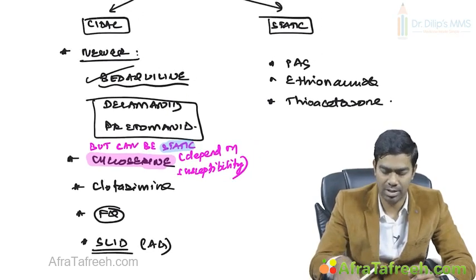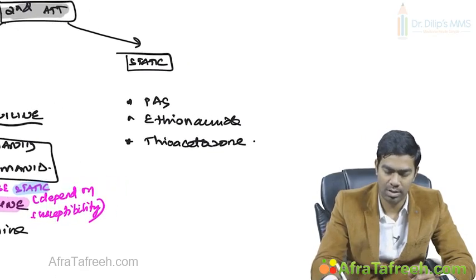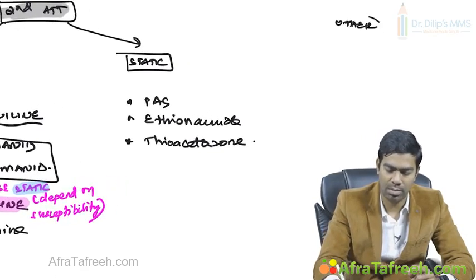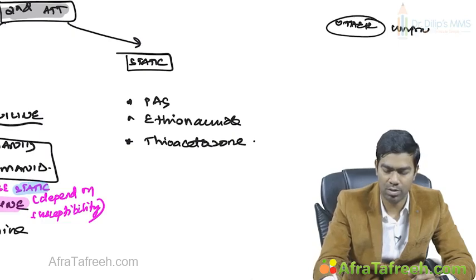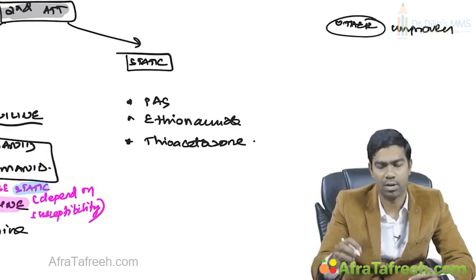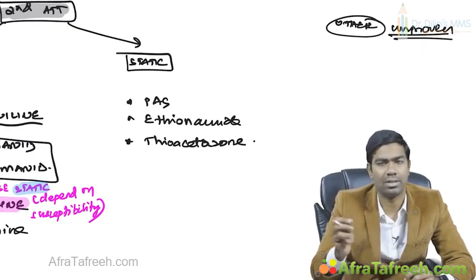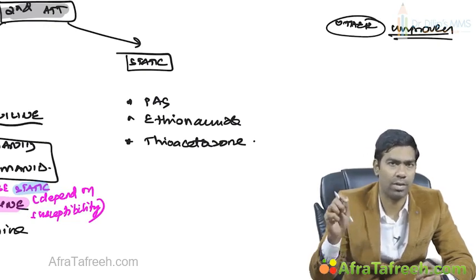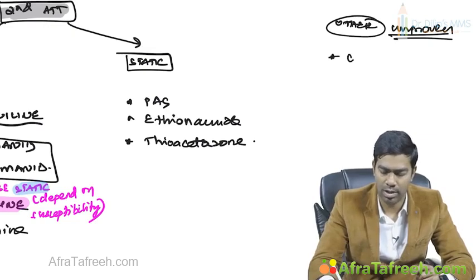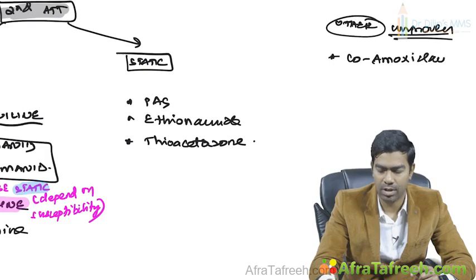But there are certain other second line agents with unproven efficacy, which means they should not typically be considered antitubercular drugs, but some small studies have shown some efficacy in vitro, but we don't know what will happen inside the body, in vivo. So what are those drugs? Certain beta lactams like the amoxicillin clavulanic acid combination.